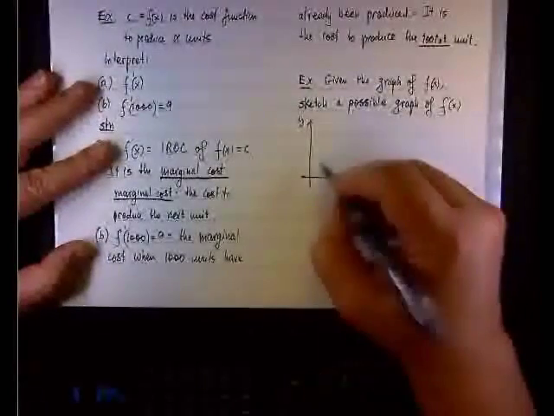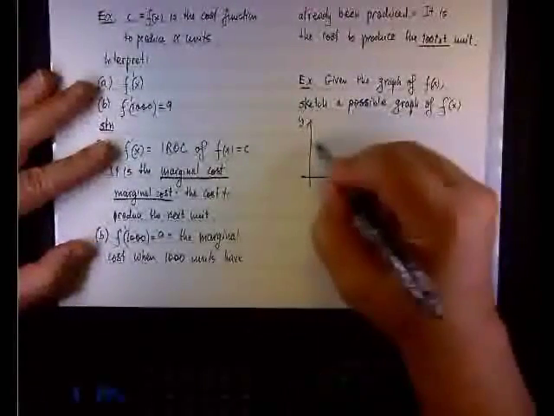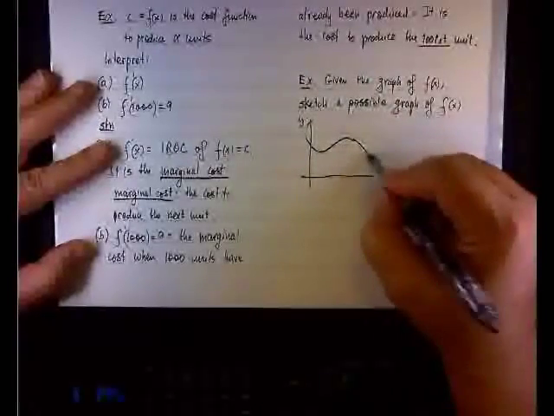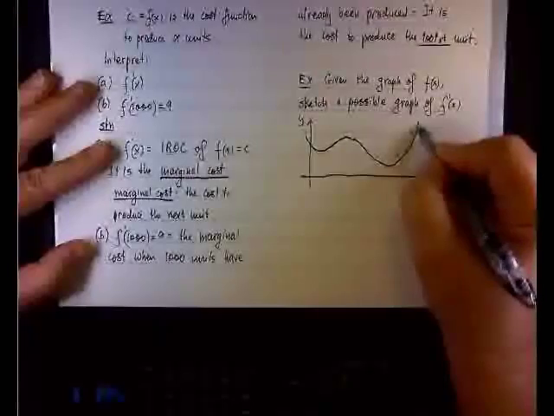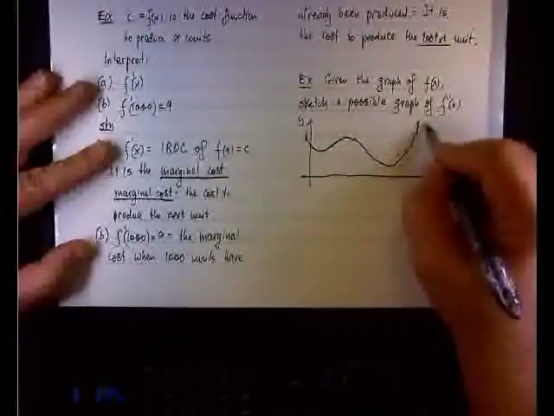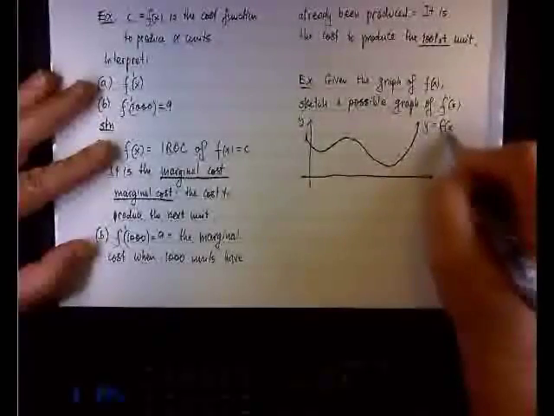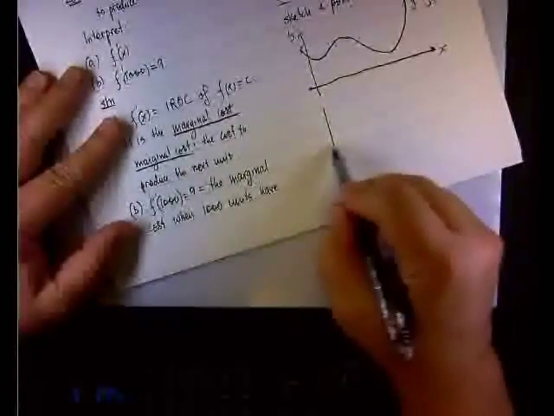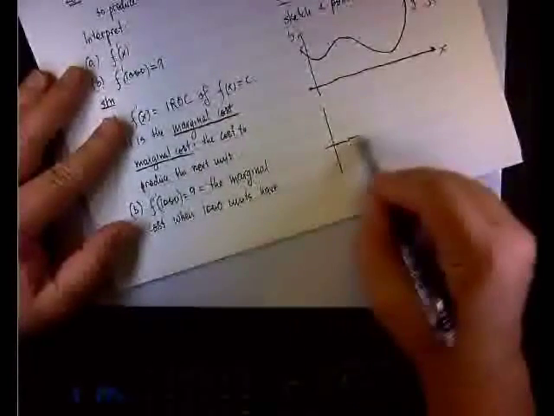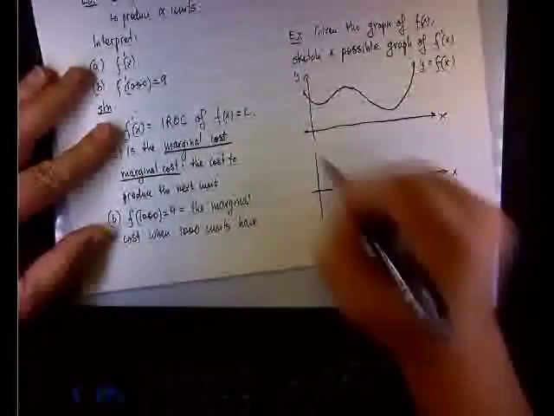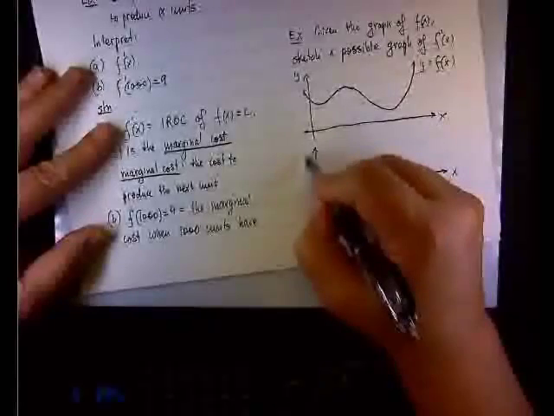And let's see, I have, well, okay, so this is the graph. So this is y equals f of x. If I go below, what will be a possible sketch of f prime in red?